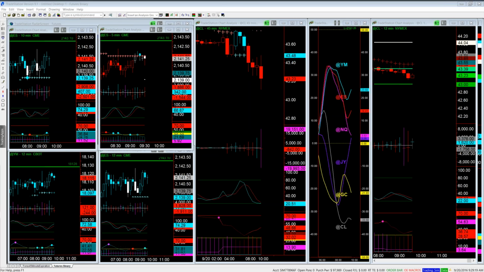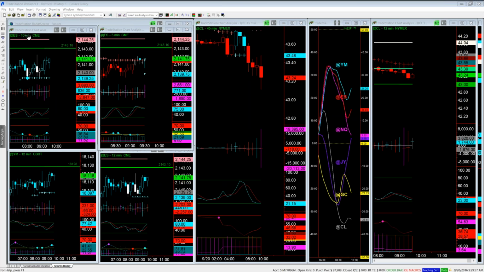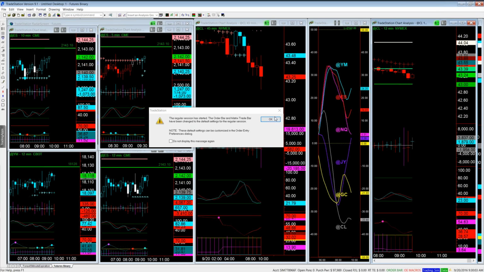Okay, let's see what's going to happen at the market opening. Now remember, on these top charts, on the ES 10 minute, you want to see a wide bar come in. Boom, there we go.